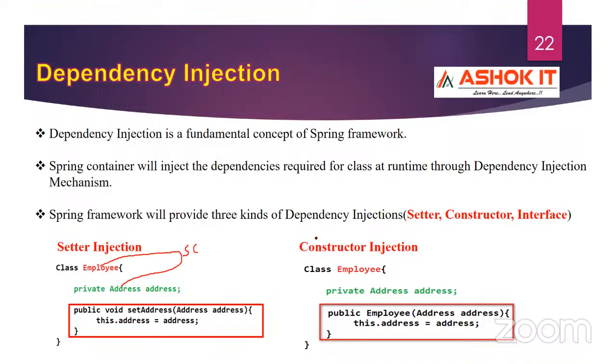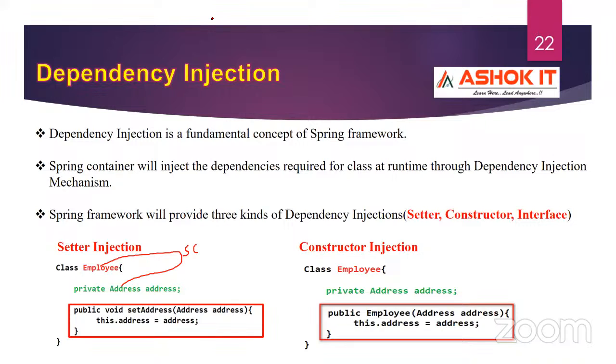Okay, so tell me, guys, the loose coupling between the Java objects is achieved through what mechanism? Am I creating any objects using the new keyword inside the Java classes? So am I getting loose coupling between the Java objects through dependency injection or not? I'm not bothering about creating objects of certain classes.